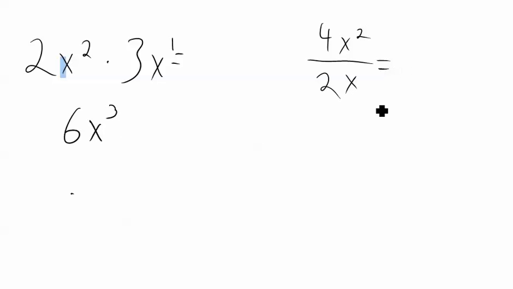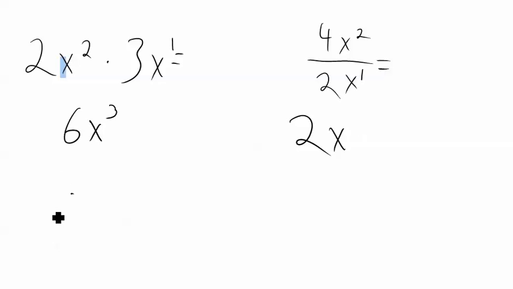When we divide the coefficients, 4 divided by 2 is 2. And then we subtract the exponents. So again, if x doesn't have an exponent, it's 1. So it would be x to the 2 minus 1 is 1. So it would just be x.